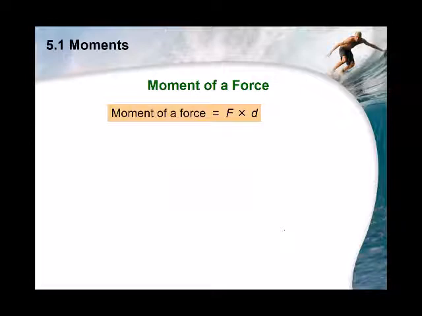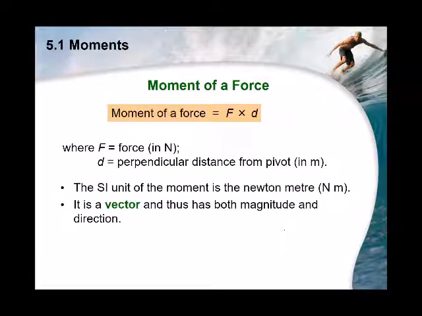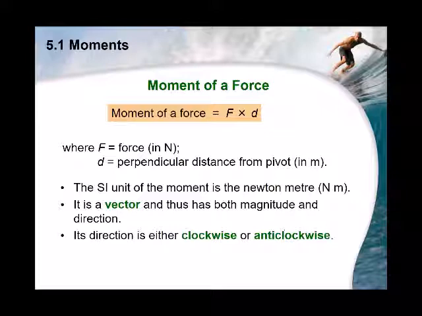Alright, so coming back to the definition and the formula for a moment. The moment of a force is essentially the force multiplied by the perpendicular distance from the pivot. Because the SI unit for force is Newton and the SI unit for distance is meter, the moment of a force is in the SI unit of Newton meter.